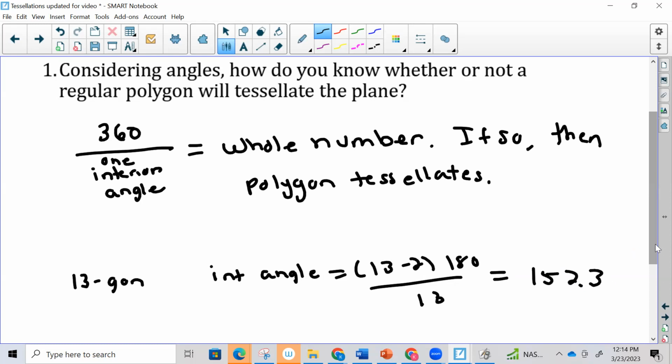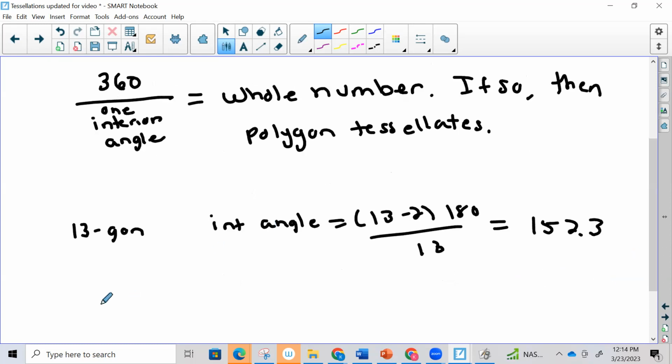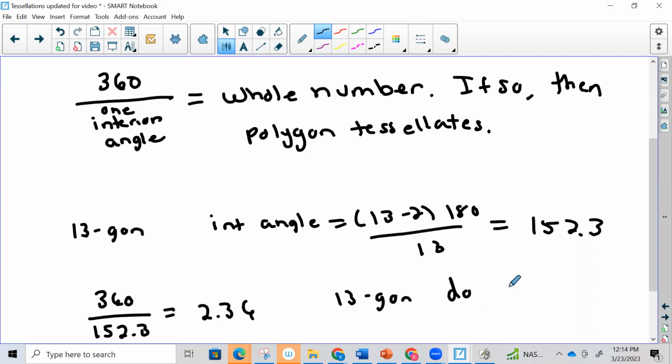Already we have a decimal, so it's pretty obvious that this doesn't work. But if I do 360 divided by 152.3, rounded, I get about 2.36. And so a 13-gon does not tessellate.